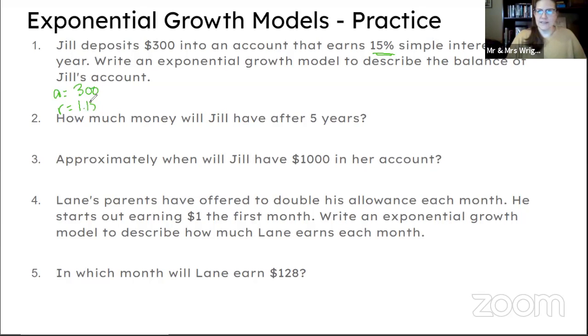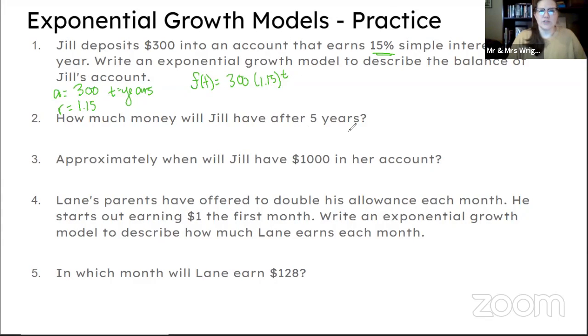And then t, simple interest, it says each year, so t is going to be in years. So write the model to describe the balance of her account. f(t) is 300 times 1.15 to the power of t. And that is the answer to question 1.